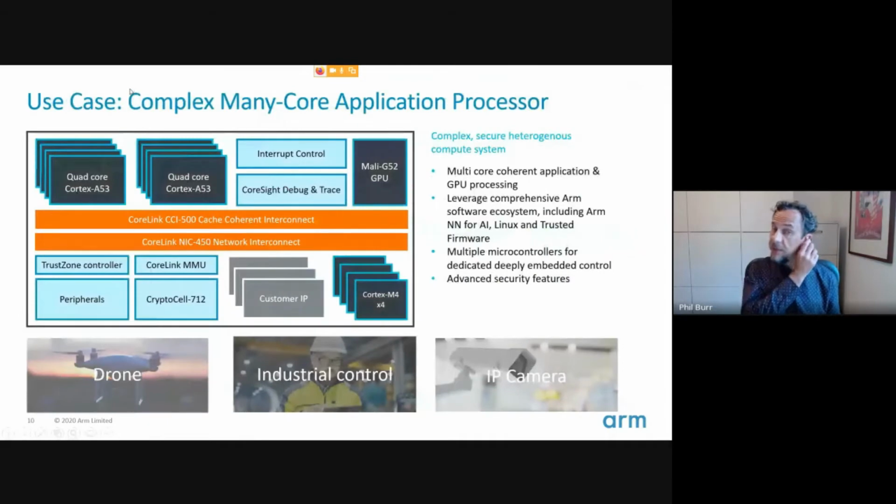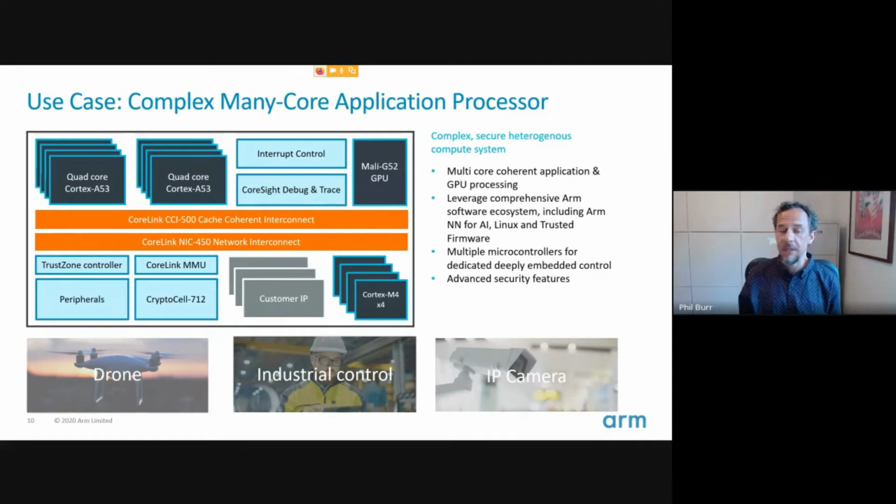And just to give a bit of a flavour of what you can do with this technology, at one end of the spectrum, you can create a complex device. So this is two clusters of quad core Cortex A53. So 8 CPUs on the same device, a graphics processing unit, all of the glue logic for that.